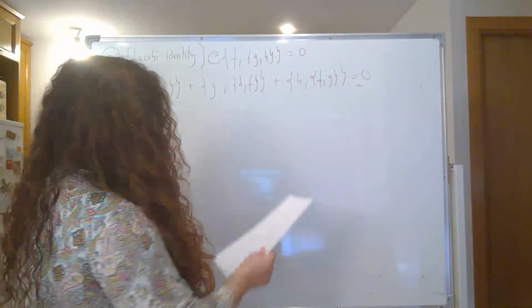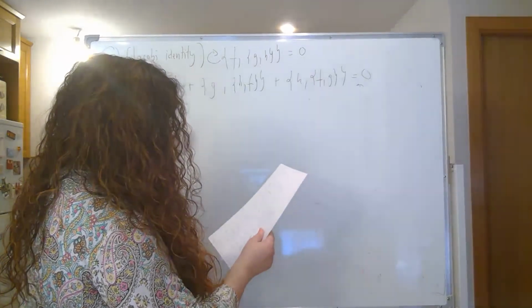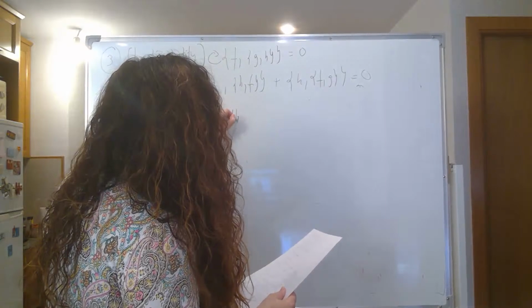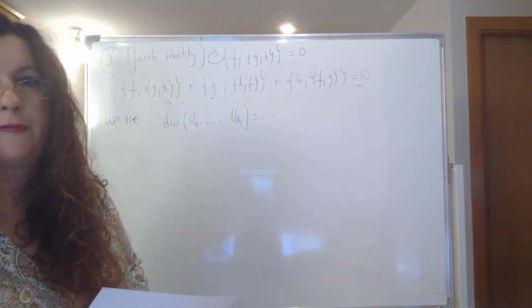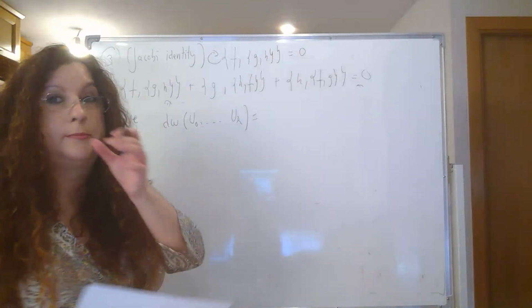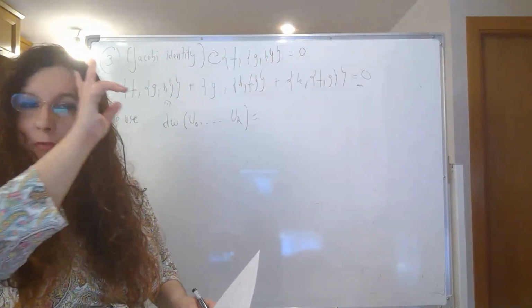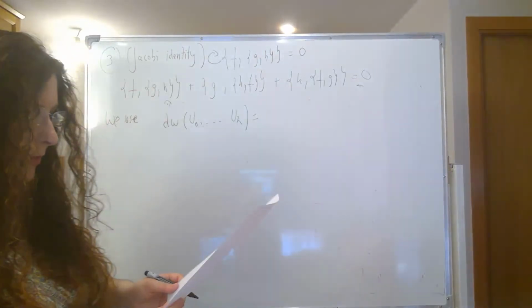It tells you the differential of omega applied to vectors X0 to Xk. This is the definition of the differential of a form. You've seen this before because Joachim, the day he was replacing me, explained exactly this formula.